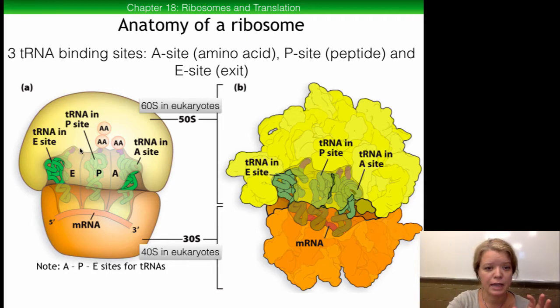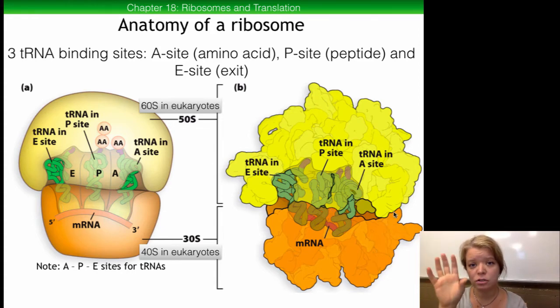The sites for the tRNA binding are the amino acid site, so aminoacyl site, the A site. Then we have the peptide, polypeptide site, the P site, and then we have the exit site, so the E site. And so this is how typically you see the ribosomes represented in textbooks, where there are these 3 arches for the 3 sites.